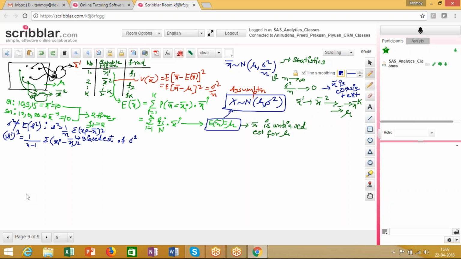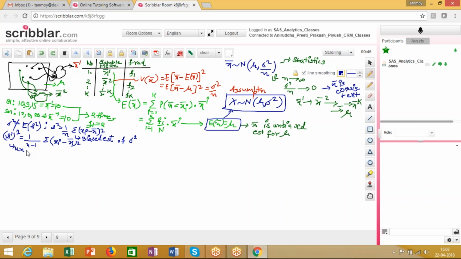Right. So this is where we have the expected value of S dash square. Generally, when we talk about S dash square as an unbiased estimator of sigma square, this is the one that we generally use. So this is the unbiased estimator.